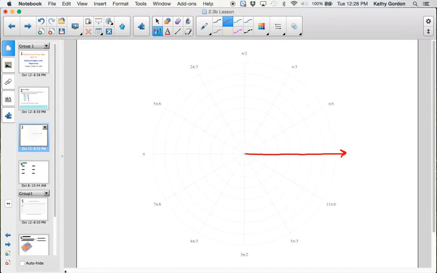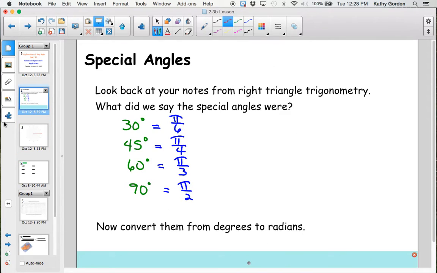But we're missing one. Which one are we missing? Which special angle is not on your circle right at the moment? Which one of those are you not seeing? Pi/4, right?